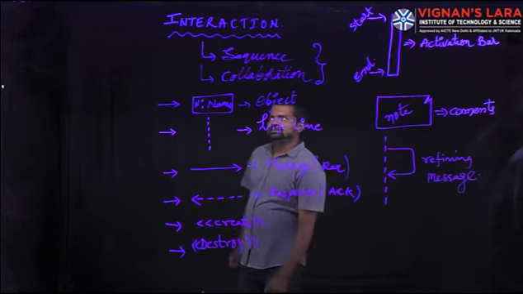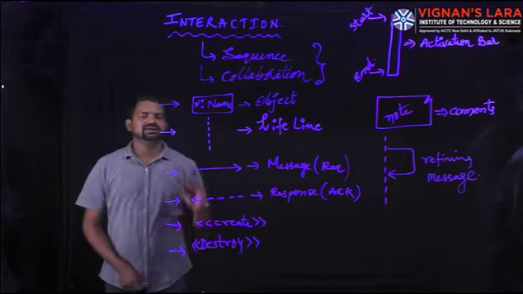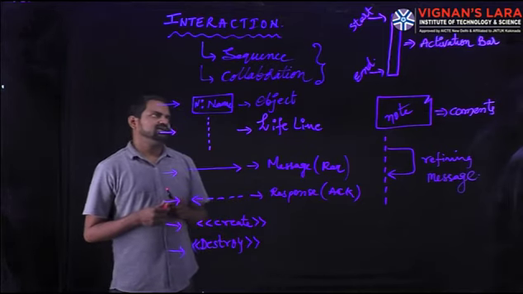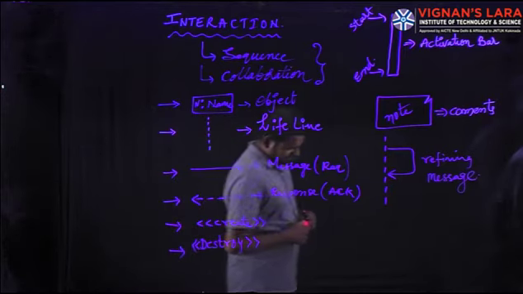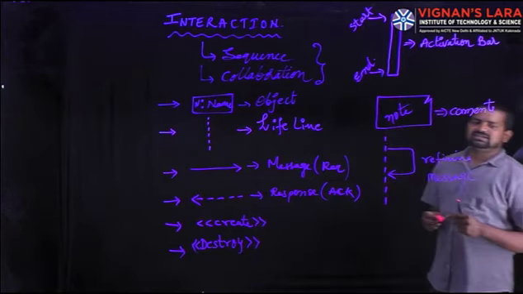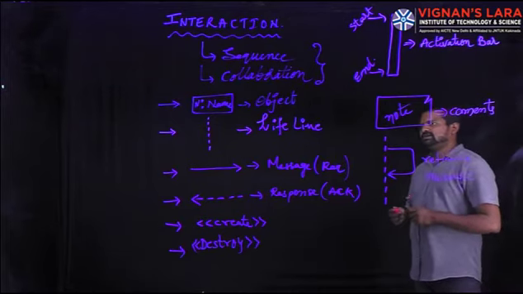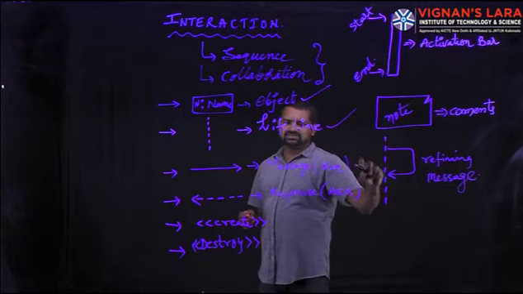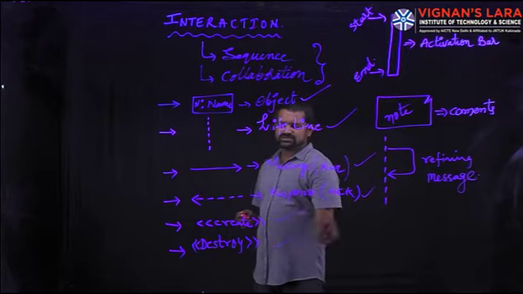With the help of these things in the Unified Modeling Language, we create the sequence diagram. These are all the sequence diagram symbols: the object, the lifeline of the object, the message (that is, request and acknowledgement), create object, and destroy object.